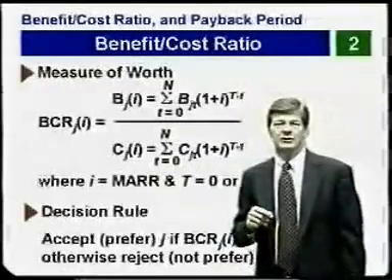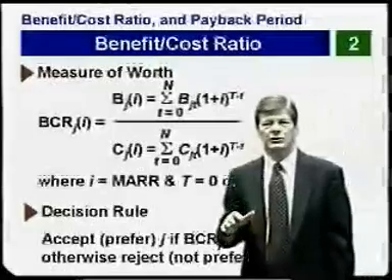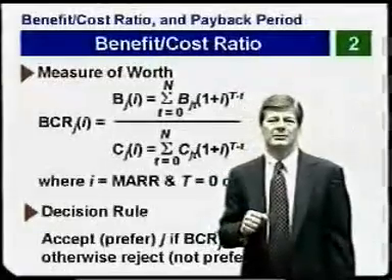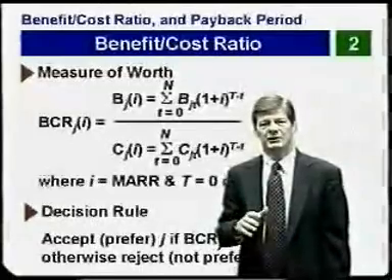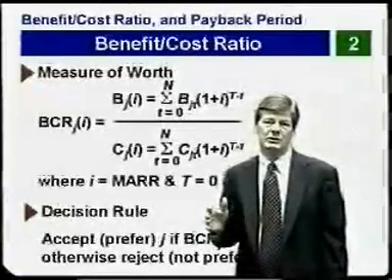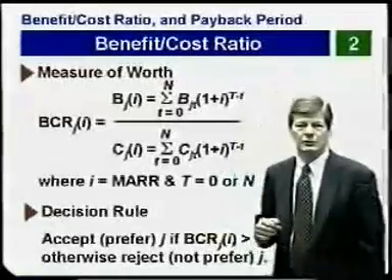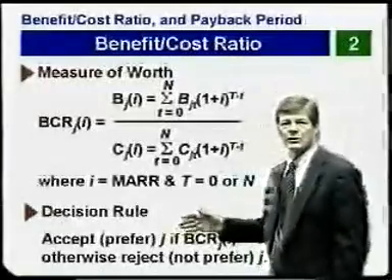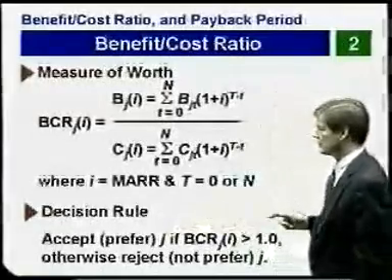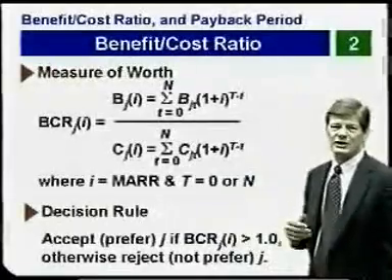When we introduced the decision criterion, prospective benefit and prospective cost, we demonstrated that it made good economic sense to accept when the prospective benefit exceeded the prospective costs. Therefore, the decision rule for the benefit-cost ratio is we will accept an opportunity J whenever its benefit-cost ratio is greater than 1. Otherwise, we'll reject.